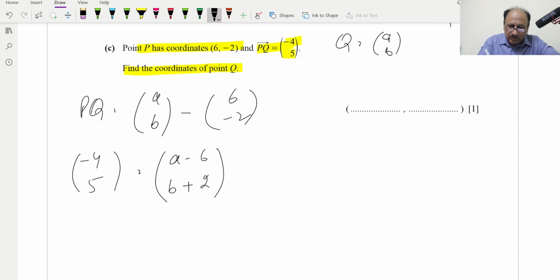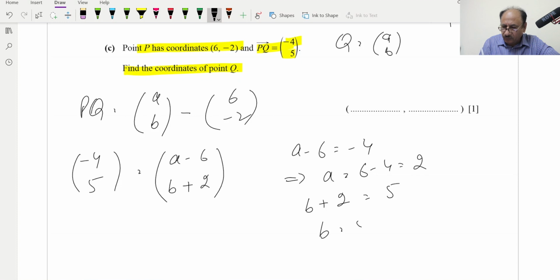So we can write A minus 6 is equal to minus 4. This implies A is equal to 6 minus 4, which is equal to 2. And for B, second equation, B plus 2 is equal to 5. So B is equal to 5 minus 2, which is equal to 3.